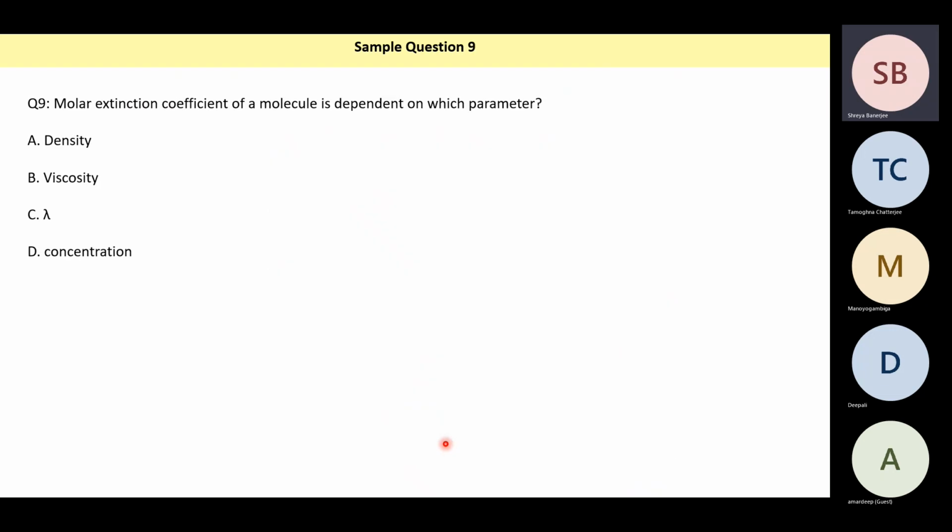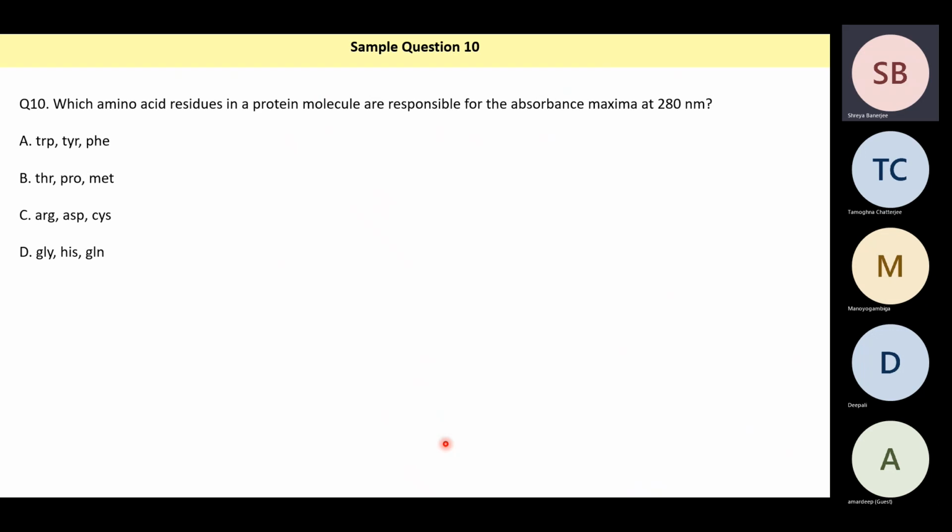The next question is: molar extinction coefficient of a molecule is dependent on which parameter? So the correct answer is C, wavelength.